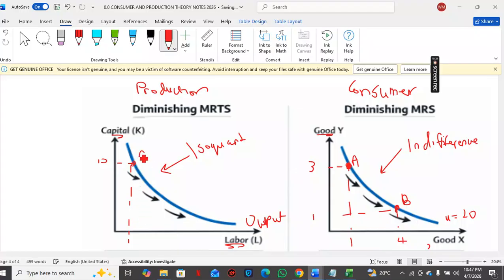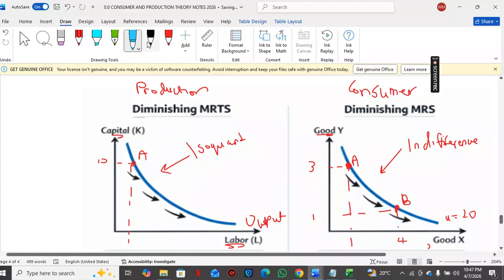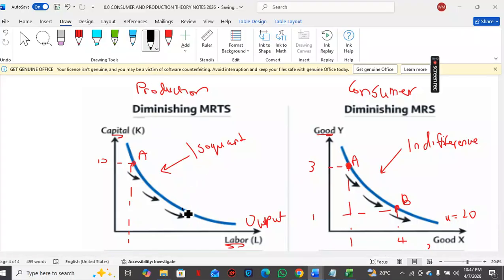Okay, this is point A. Then you can also have 2 machines and 12 workers. Okay, whether you're at A or you're at B, you are producing the same output. Okay, isoquant, indifference curves.